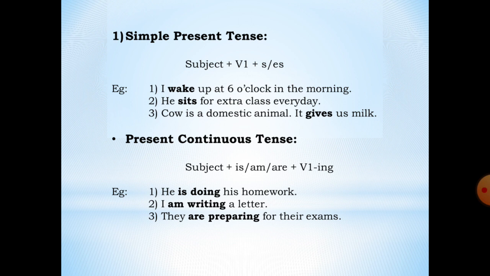Go is V1, the first form of the verb. Plus S or ES. Sometimes the verb carries S or ES, which also indicates that the verb is in present tense.